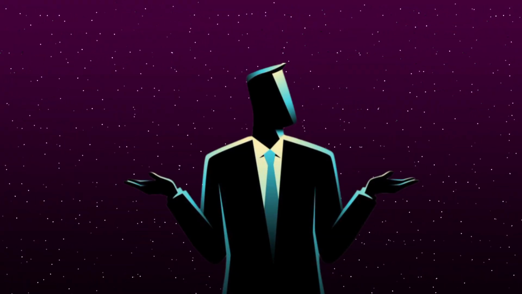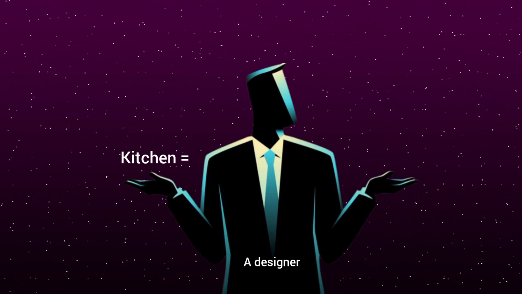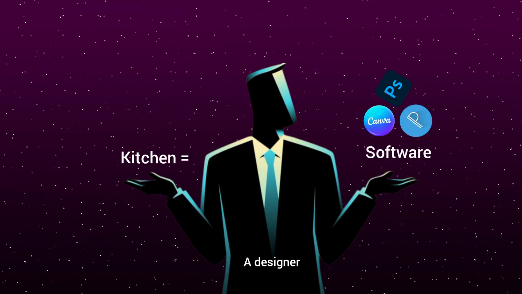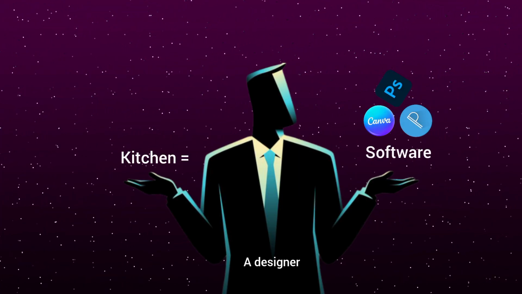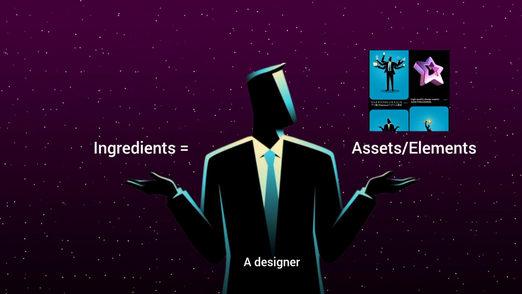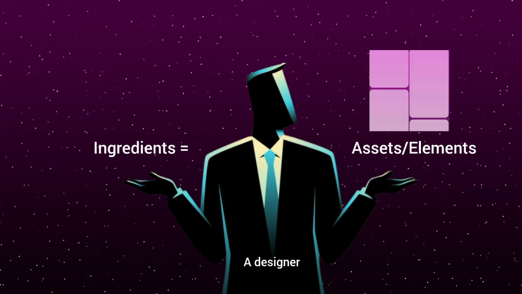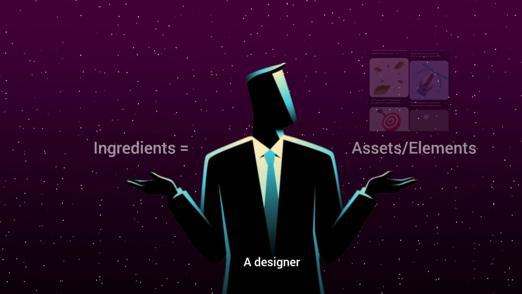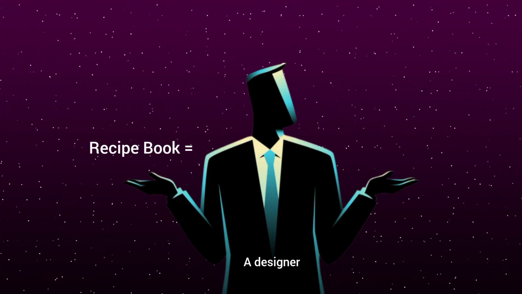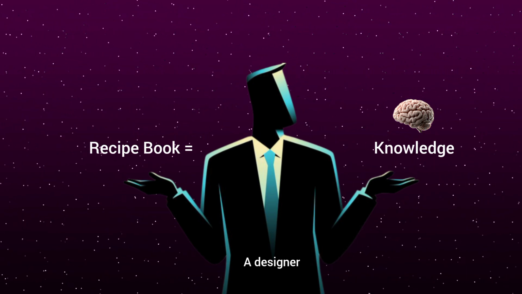In the case of a graphic designer, the kitchen could be seen as the software a designer makes use of to create a certain design, and the ingredients are the assets, the elements a graphic designer makes use of in the process of designing, while the recipe book will be seen as the knowledge the designer has acquired over time to create such a design.